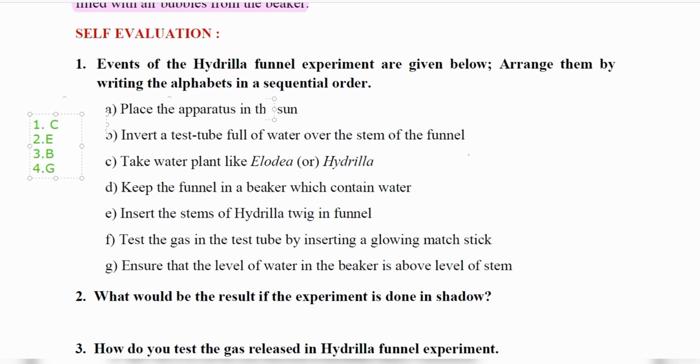So G. And the fifth one is to place the apparatus in the sun. A.